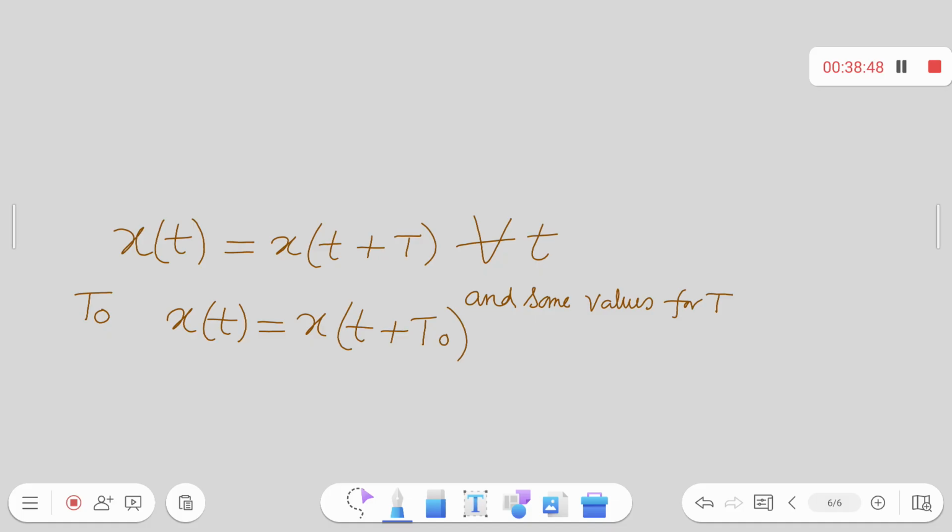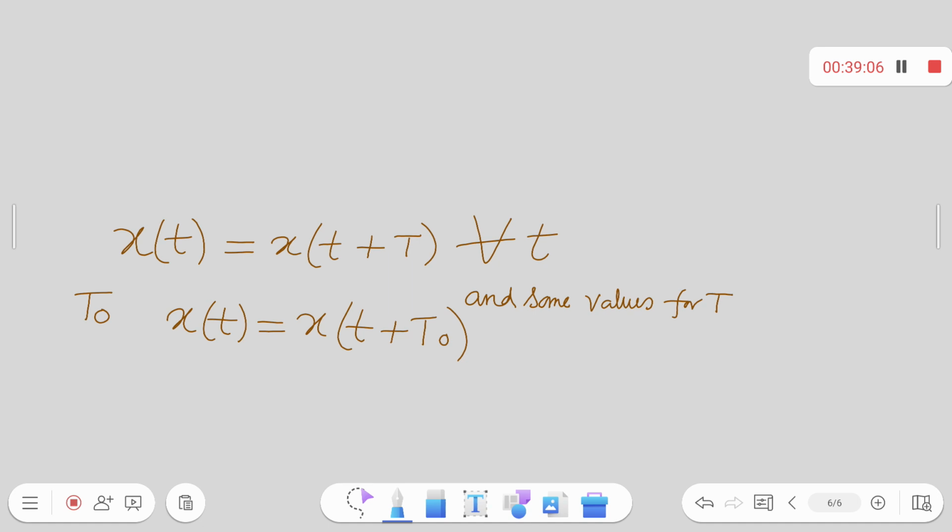This is true for some values of capital T, which you can arrange in ascending order. T0 is the minimum value of capital T for which this condition holds good. Now if it is true for T0, it is also true for 2T0, 3T0, 4T0, 5T0. So T0 is basically the fundamental period.